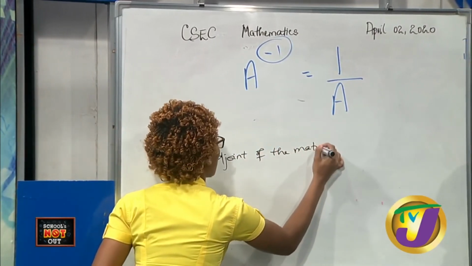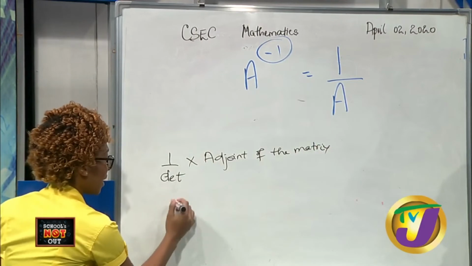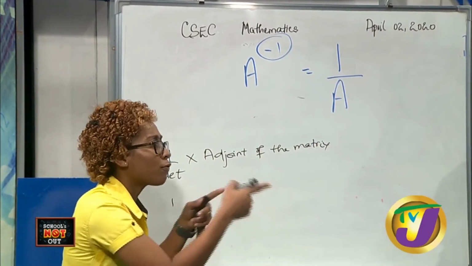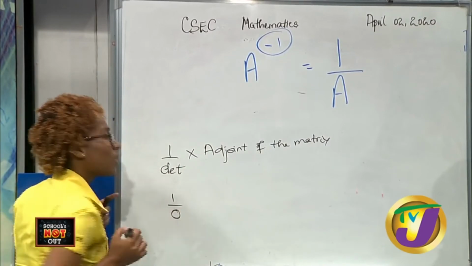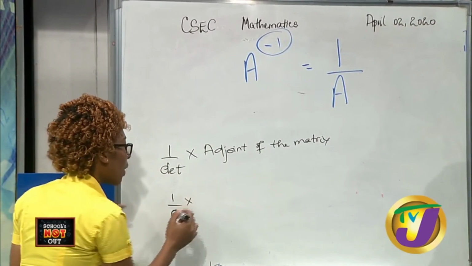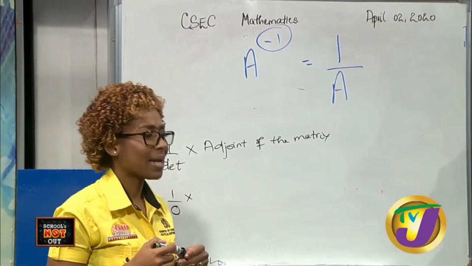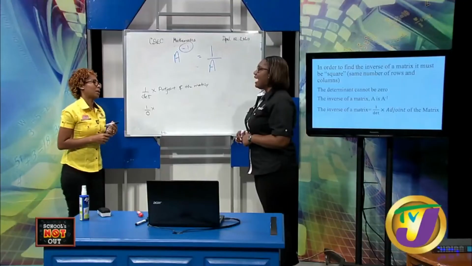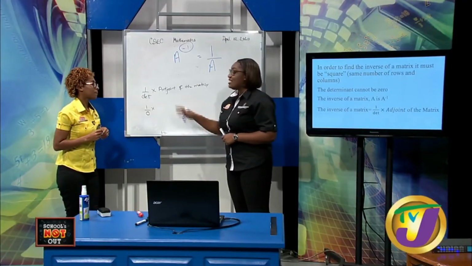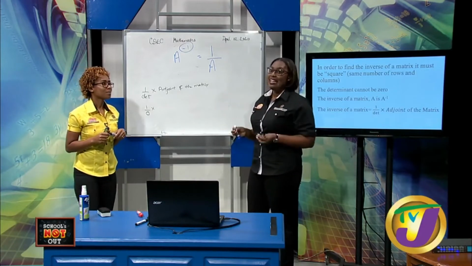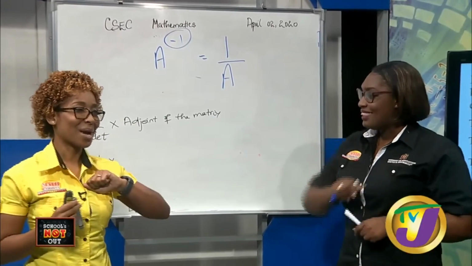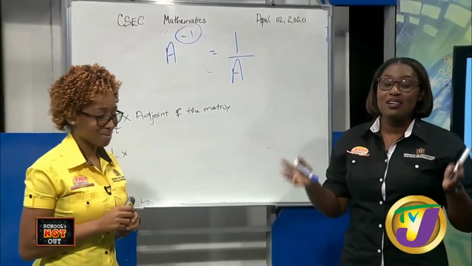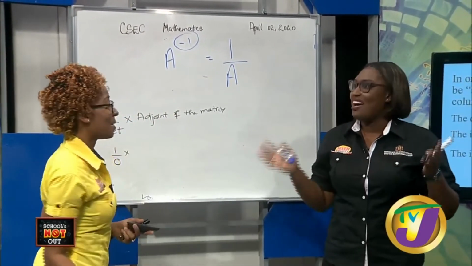Remember the first one, when you told me it was a singular matrix and the determinant was 0? So it's 1 divided by 0, and any number multiplied by 0 is 0. So if my determinant is 0, it means I can't have an inverse.